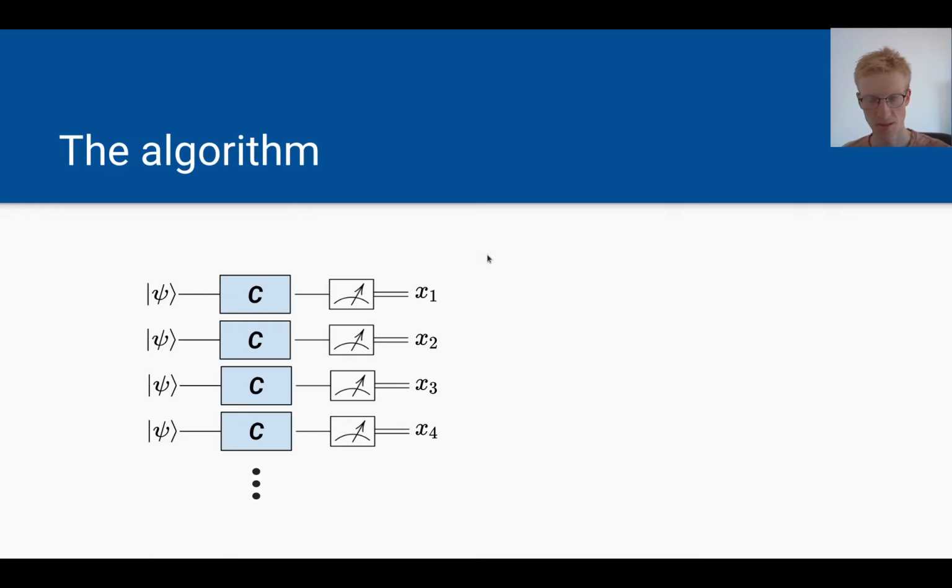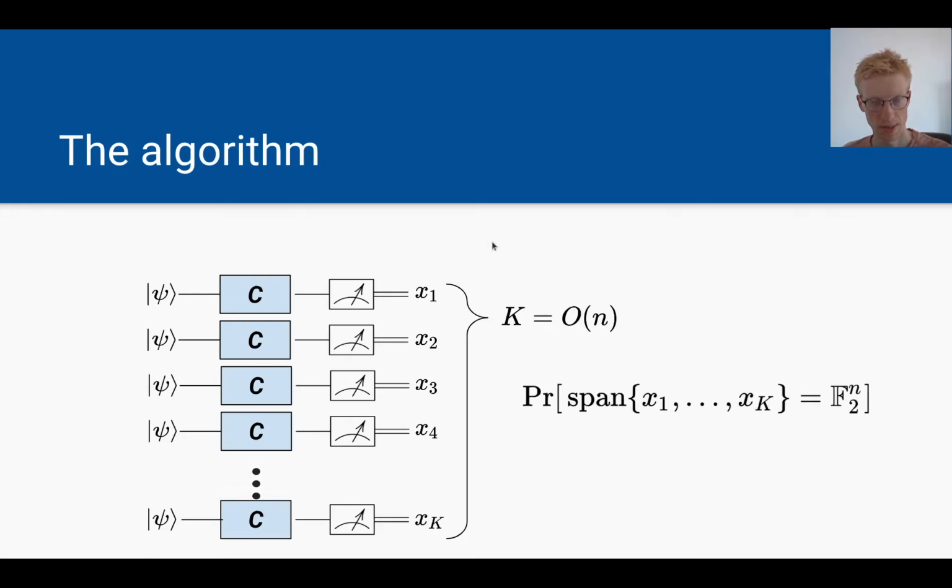Now, the key idea behind the algorithm is to check for linear dependencies within these measurement outcomes. So in particular, let's assume that we took in total k samples, where k is bigger than n, but still of the order of n. And then let's look at the probability that the span of these samples is the full binary n-dimensional vector space.